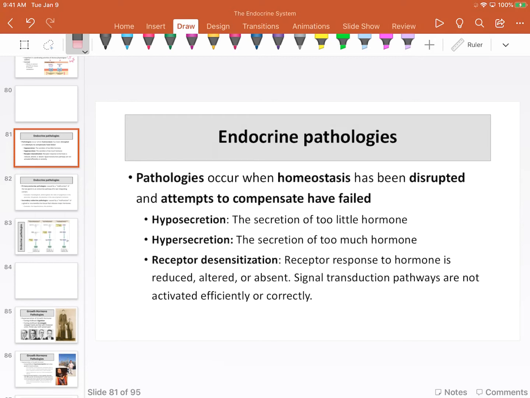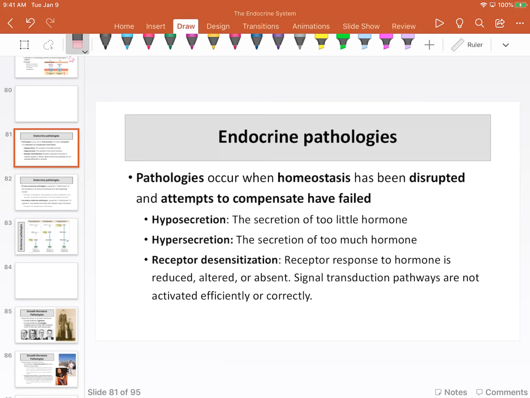The thing with pathologies for the endocrine tissue is one of the other problems that we're faced with is that endocrine tissue is epithelial tissue, and epithelial tissue tends to be rapidly dividing, which means we're replacing our epithelial tissue fairly quickly. Some are outrageously fast, such as in the digestive system, where we replace the digestive lining extremely quickly.